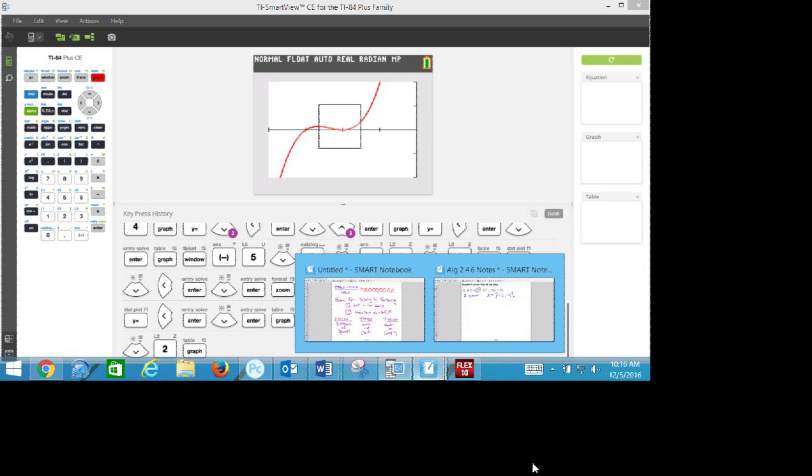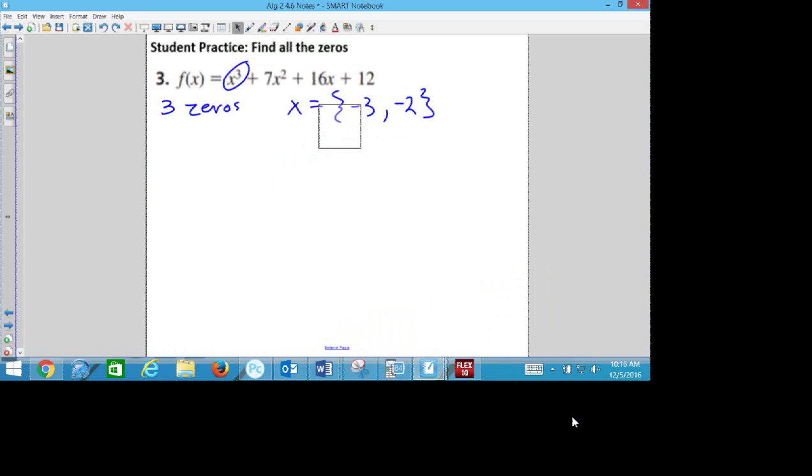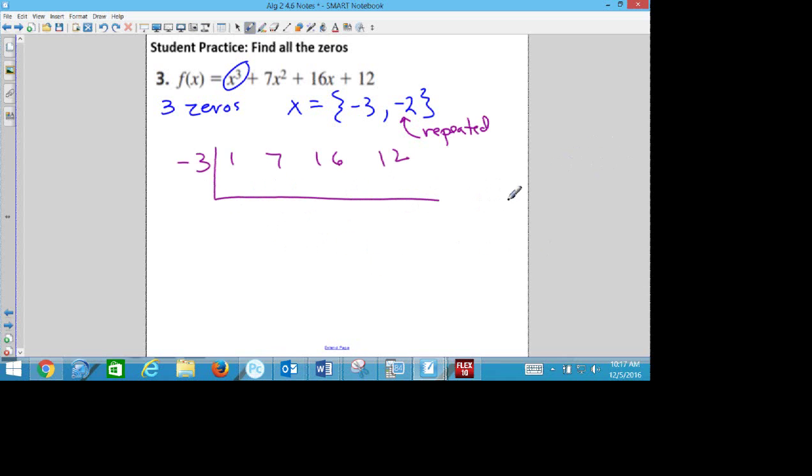But don't worry, we'll figure it out as we're using our synthetic division. So we think that this one's repeated. So we're going to do our synthetic division. We'll start with -3. Take that out. So I've got 1, 7, 16, 12. -3 worked.